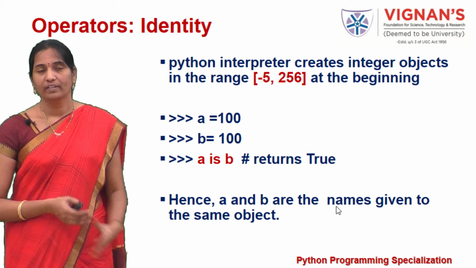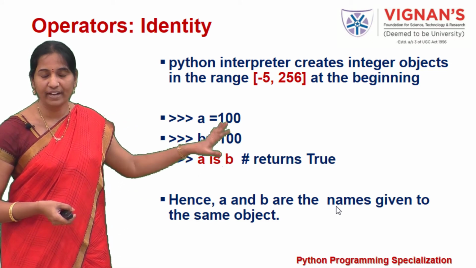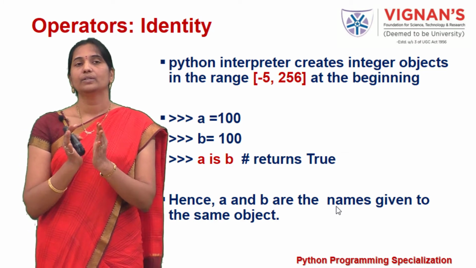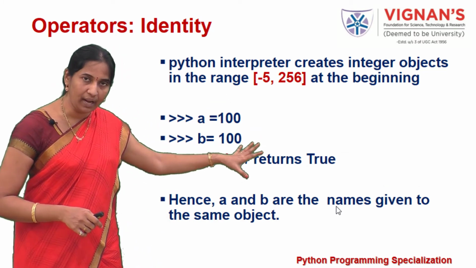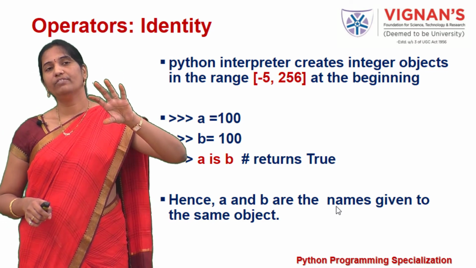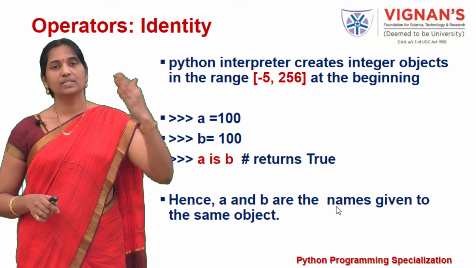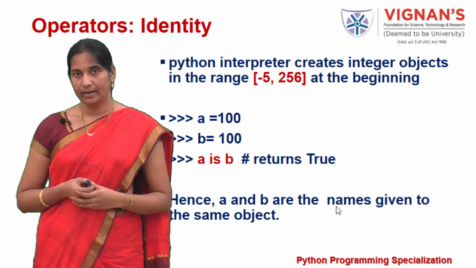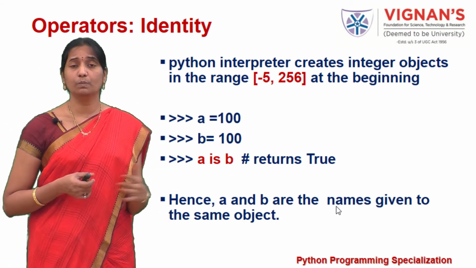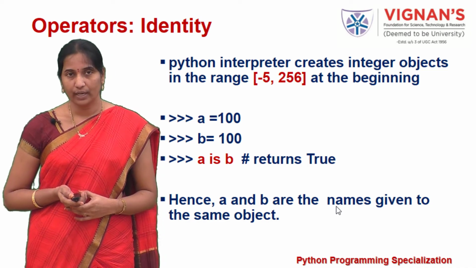So in the first example, where you are assigning two different variables with the same value, that object is already available and so your name will be given to the same object itself. That's how A and B are pointing to the same object 100. That is how A is B is returning a true value.